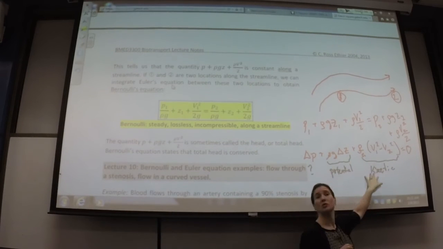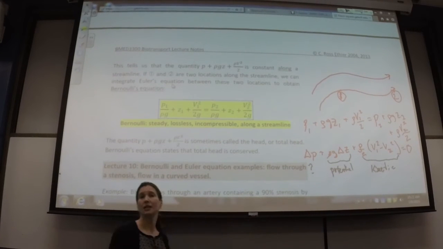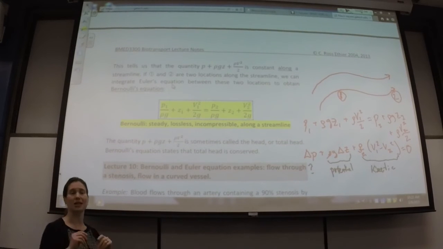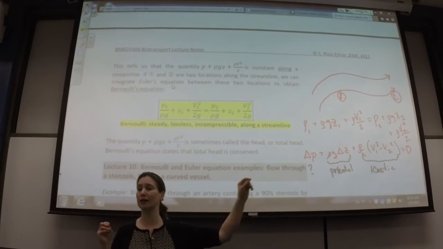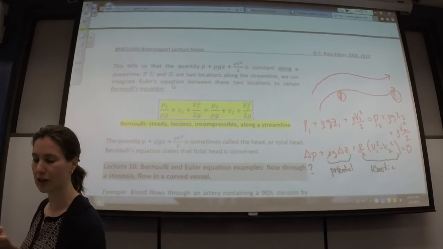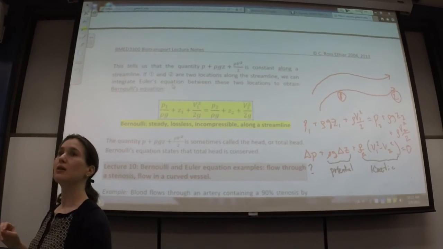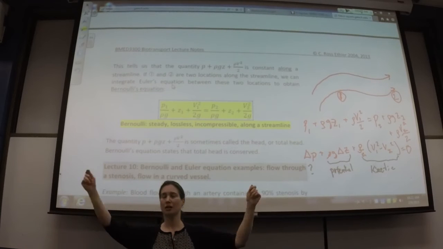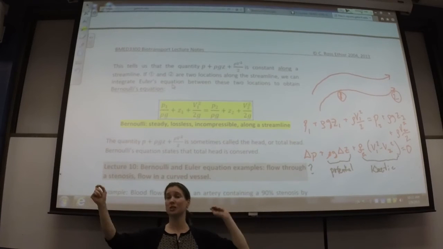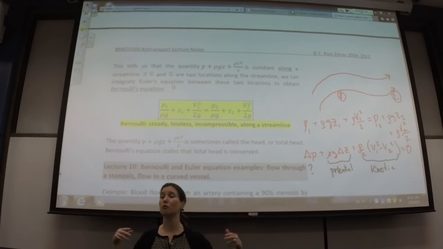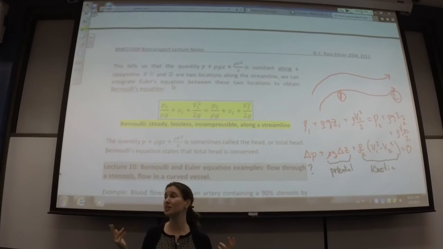Okay, so with this in place, we've got a very specialized version of Navier-Stokes that tells us if we want to follow a streamline, again, a single streamline here where we're looking from point 1 to 2, then we can calculate any of the components within this equation for a particular situation. So if we want to know what the change in height is, if we know things about V1 and V2, we can calculate that.